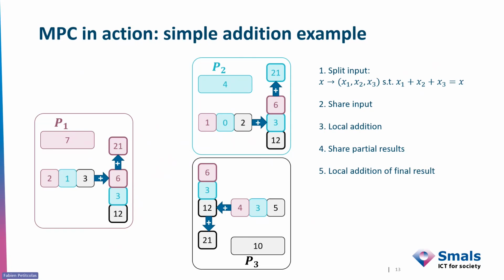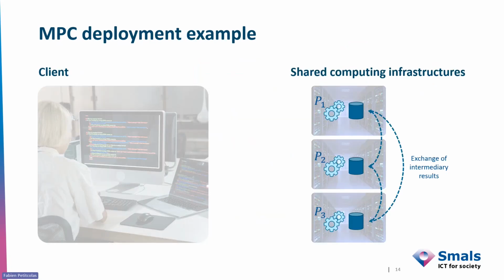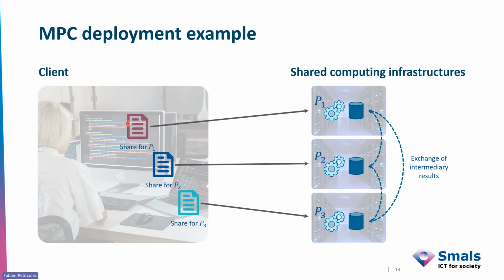One different way to look at the problem is the following, and we're going back to our initial state where we have our client with some data on which they want to do some processing. So they split it in different shares, that's what we see here, and send a share to, for instance, different infrastructure providers.